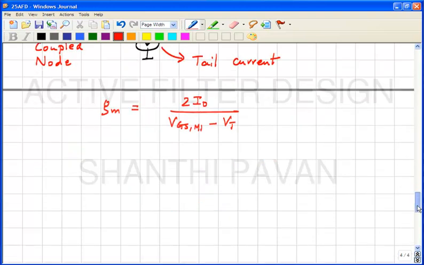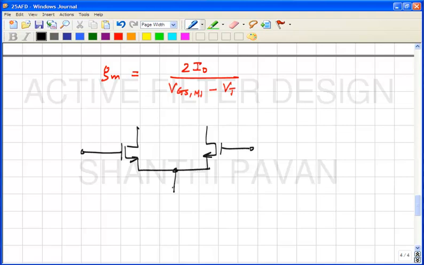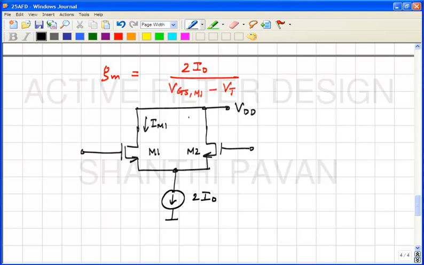All right. What is the quiescent value, okay?